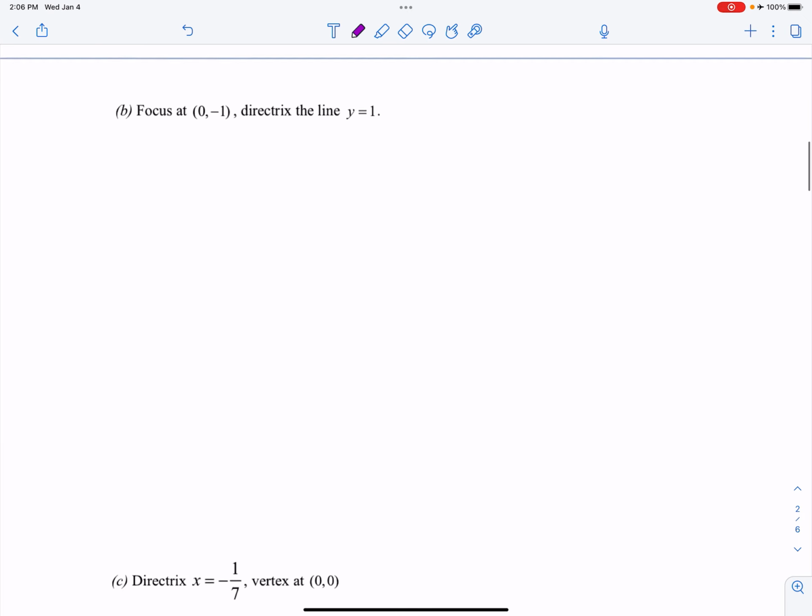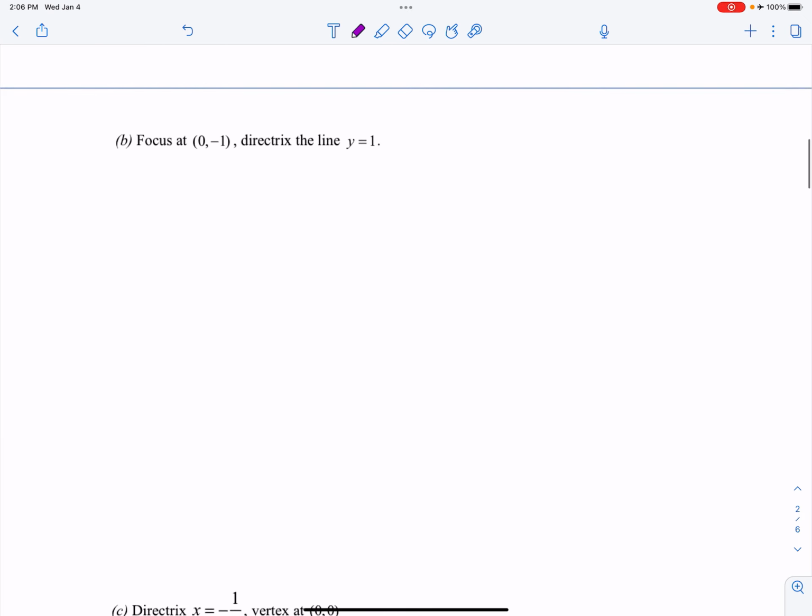Okay, this one's telling us our focus is at 0, -1, and the directrix is the line y equals 1. So let's start with our general form. We're going to have x squared equals -4ay.